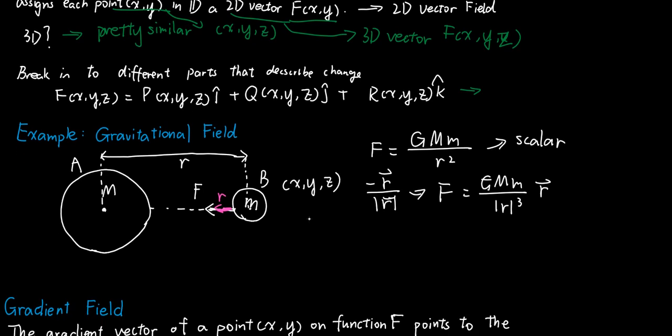And here, we can just break it into separate parts with respect to x, y, and z. And here, r equals the square root of x squared plus y squared plus z squared. So F becomes minus m capital M G, and so on.